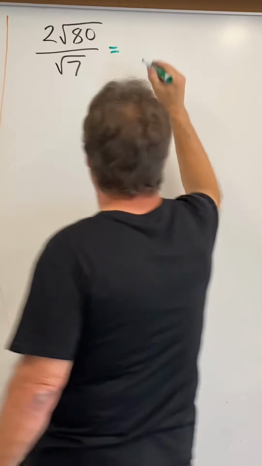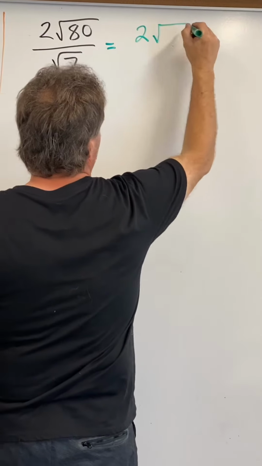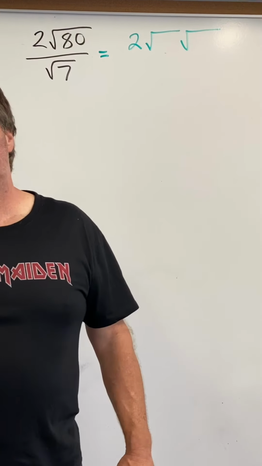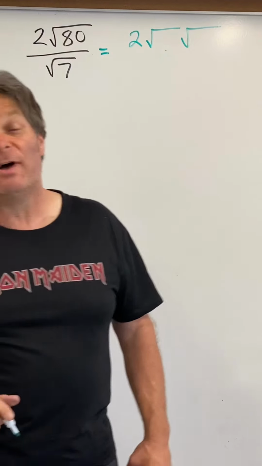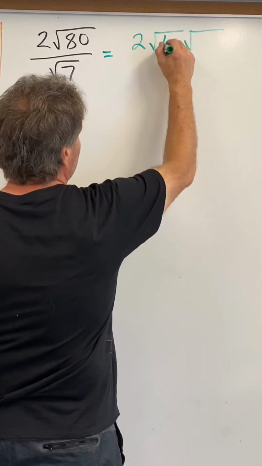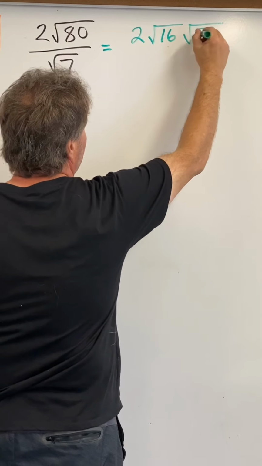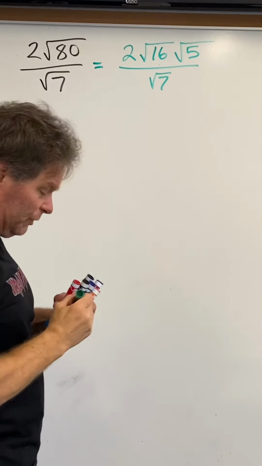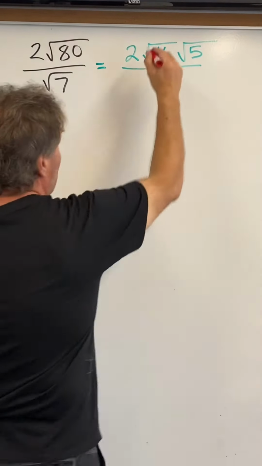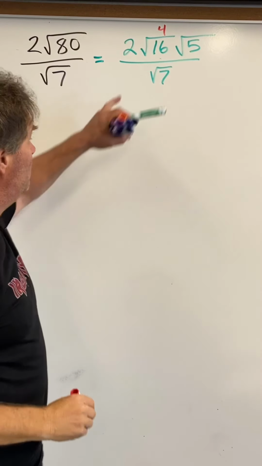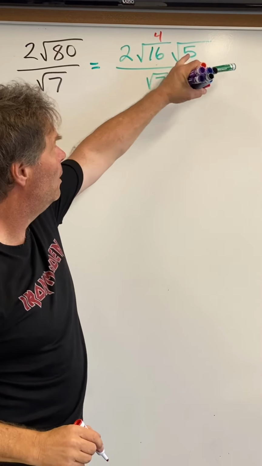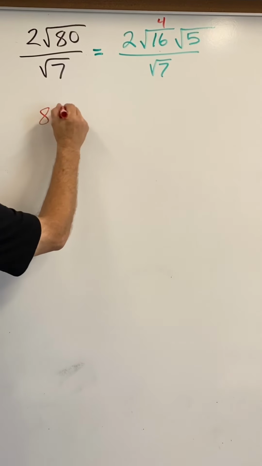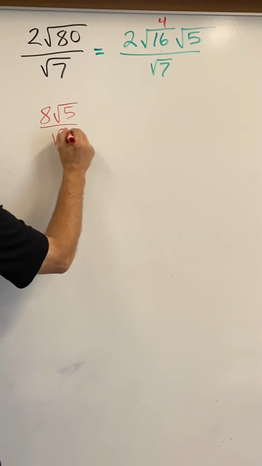So that's what I'm going to do. 2 times root pretty, root ugly. What is pretty about 80? Well, in case you didn't know, 16 times 5 is 80. So what's pretty? 16. What's ugly? 5 over root 7. And root 16 is 4. So this becomes 2 times 4 is 8 times root 5 over root 7. So we get 8 root 5 over root 7.